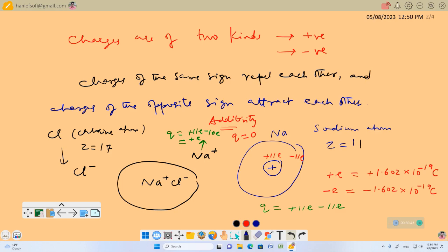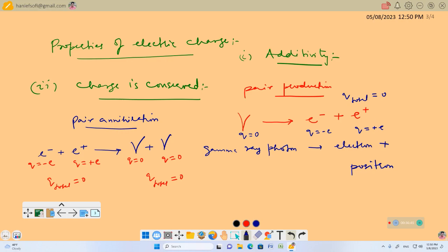Then there are three properties which we discussed in relation to electric charge. Electric charge has the property of additivity: to get the charge of a body, we have to algebraically sum all the elementary charges in it. Charge is conserved. In any reaction, nuclear, chemical, or any kind of phenomenon, charge is conserved. Total charge is conserved means if some charge appears somewhere, the same amount must disappear somewhere else.